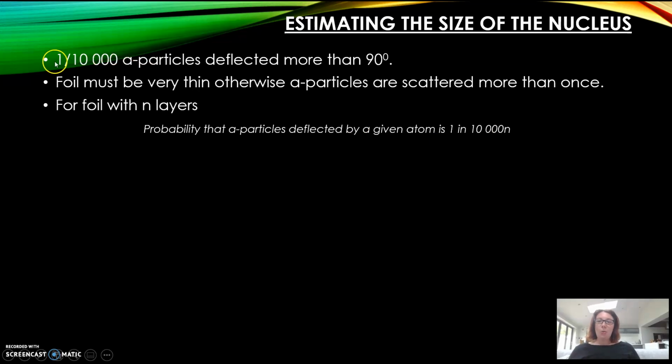So we know that the probability of it hitting an atom and being deflected is 1 in 10,000 because Rutherford carried out his experiment and this was the number that were deflected. So we know the probability of it hitting an atom and being deflected is 1 in 10,000. And we need to multiply that by n, which is how many atoms or layers of atoms are in the way, okay?